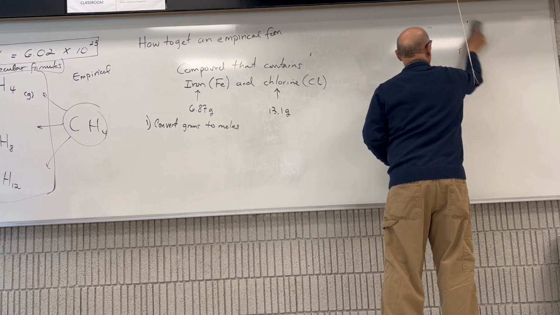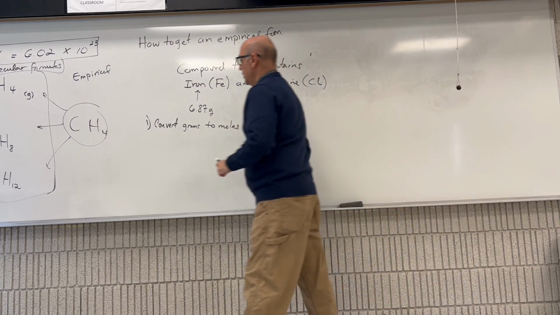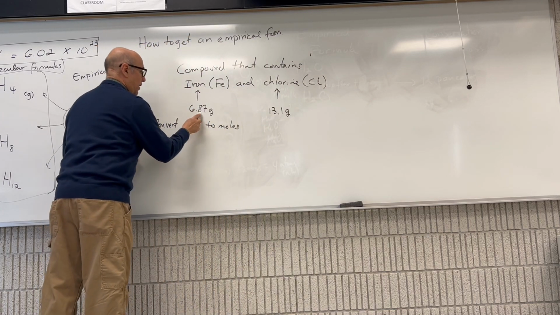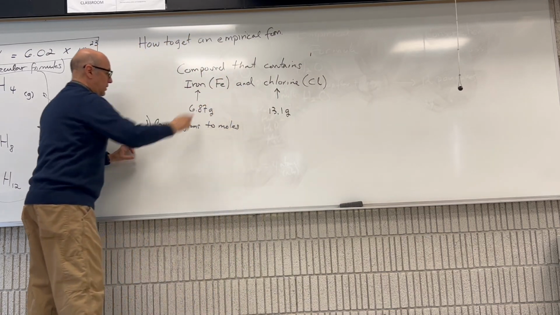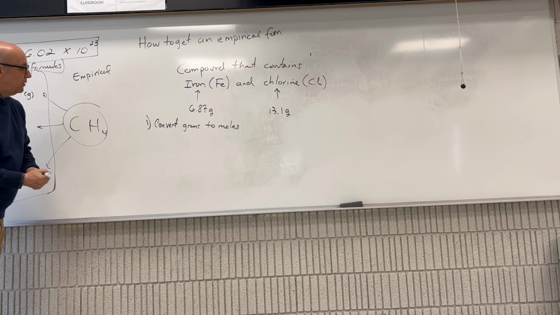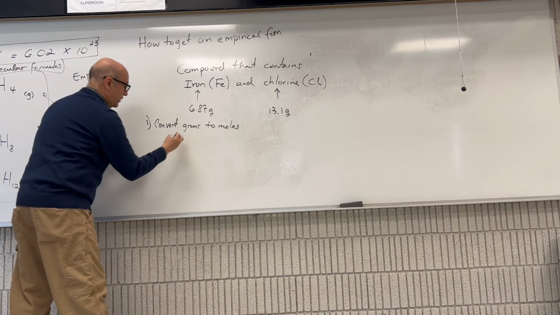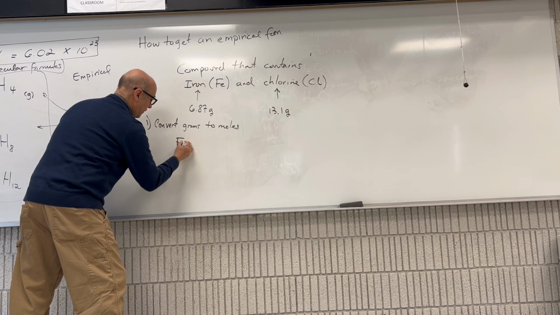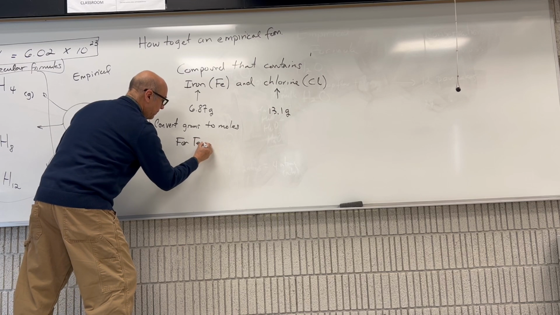Okay? And the first step is always, from the grams, we're gonna get moles of each chemical. So let's do it first for iron. For Fe.